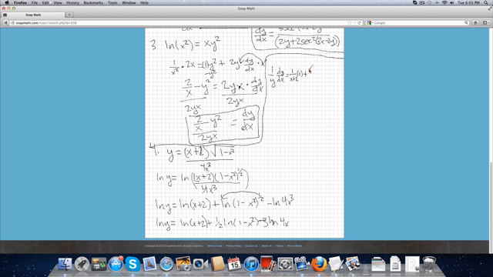We're going to add 1/2 times the derivative of the outside function, so it's 1 over 1 minus x squared, times the 2x. That's the inside function right there. And then we're going to subtract 3 and then times 1 over x times 4. That's the inside function.